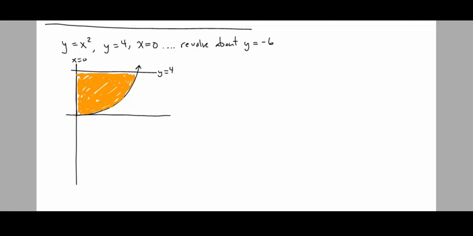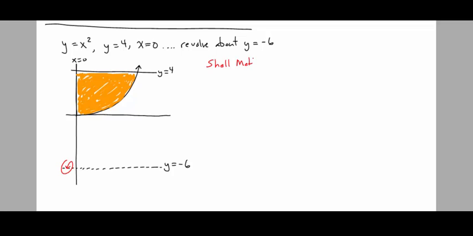So the things that we keep track of here will be really important. When we put in our axis of rotation, that's clear down here at y equals negative 6. So this is my axis of rotation. Let's do the shell method to start with.